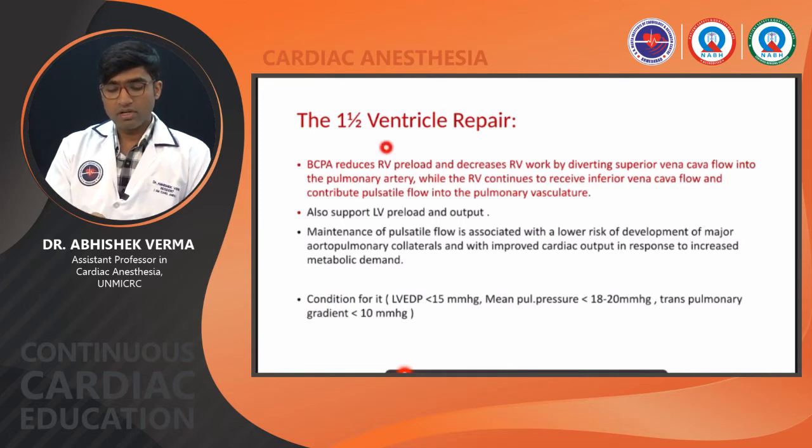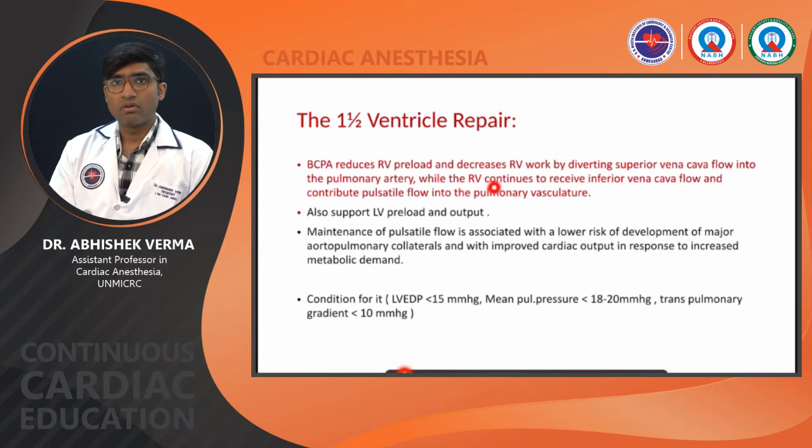And what half ventricle repair does is reduce the RV preload and decrease the RV work by diverting the SVC flow into the pulmonary artery, while the RV continues to receive inferior vena cava flow and contributes pulsatile flow into the pulmonary vasculature.